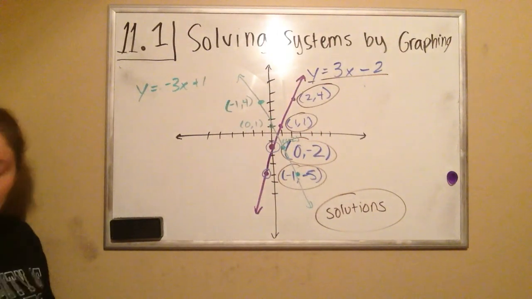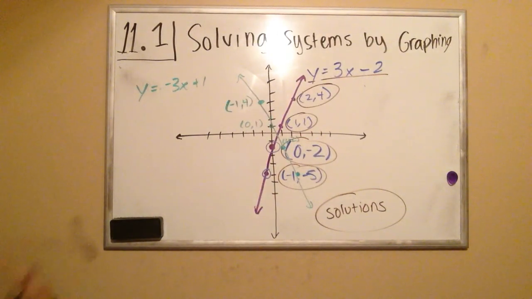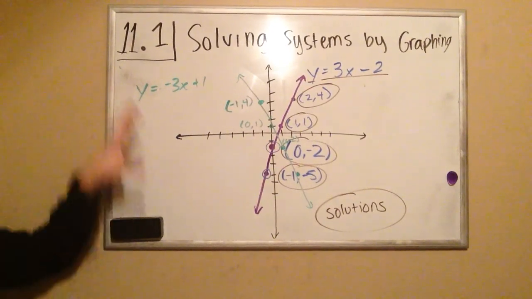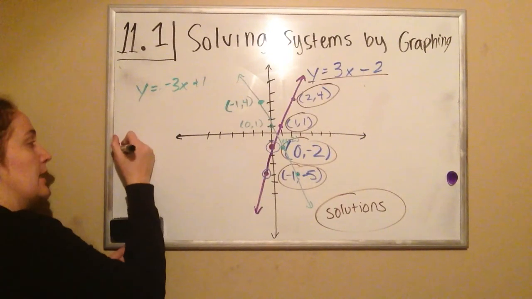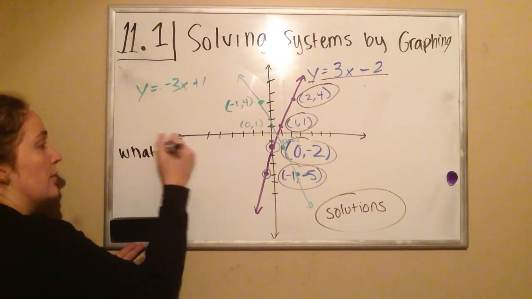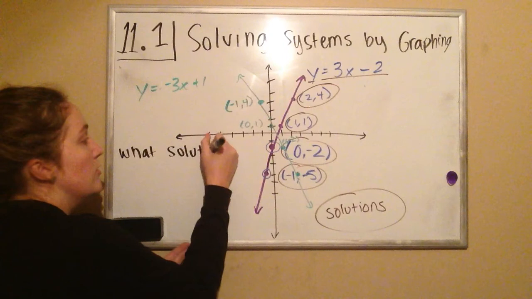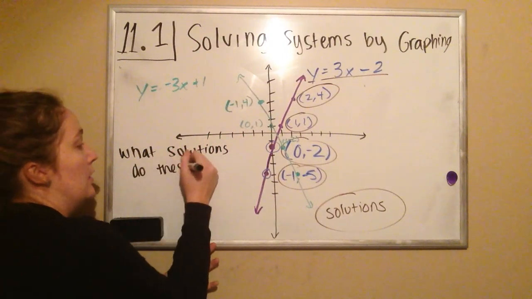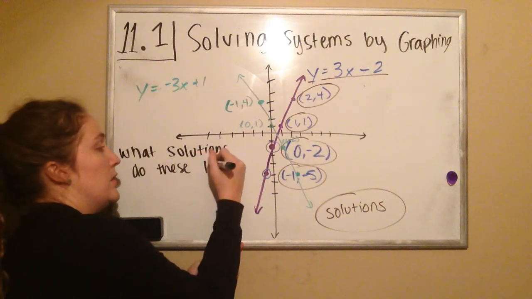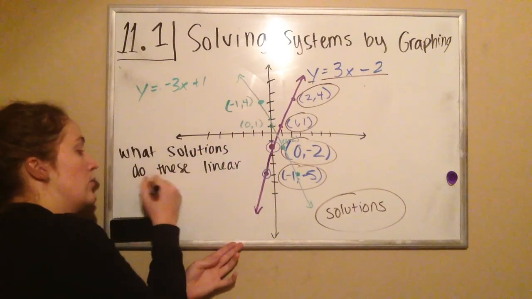Okay? So we are looking to see what solutions do these two share. I'll write that down because I think that's important to realize the question that we need to ask ourselves. What solutions do these linear equations share?